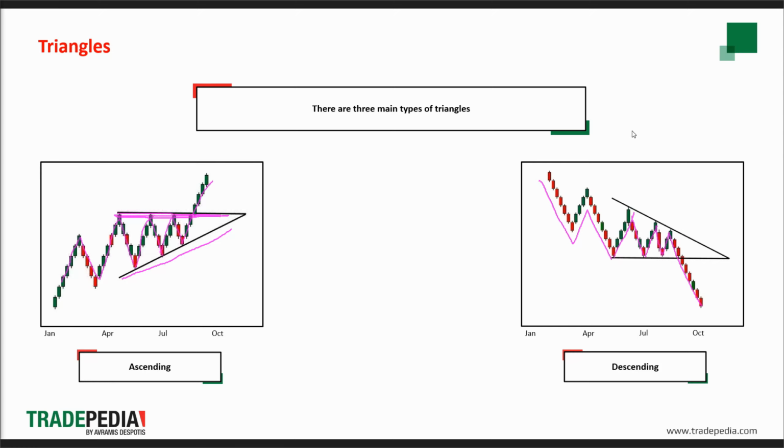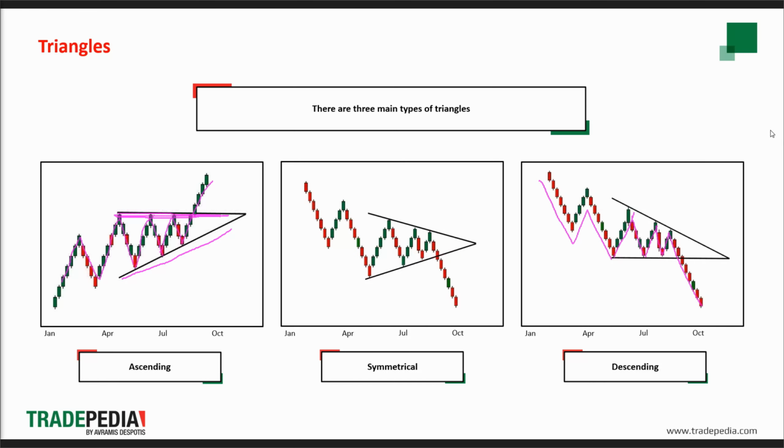And the third main triangle is a symmetrical triangle. Symmetrical triangle means that both the upper trend line and the lower trend line are almost equal. From my previous experience, the price can either come in from the top like this, then come into this triangle channel before breaking down.